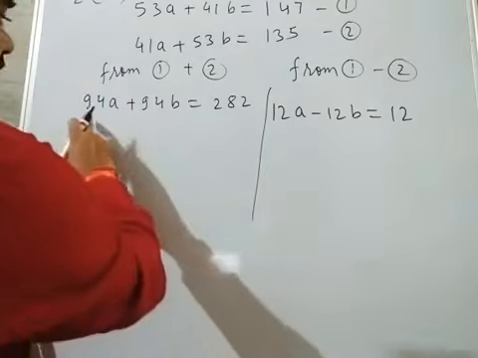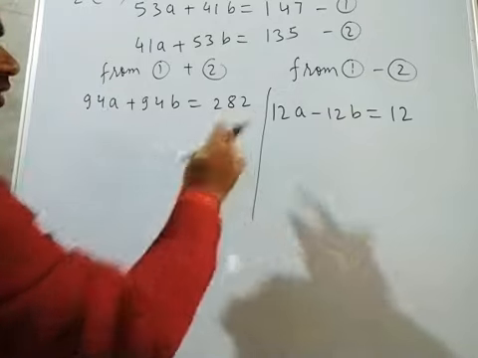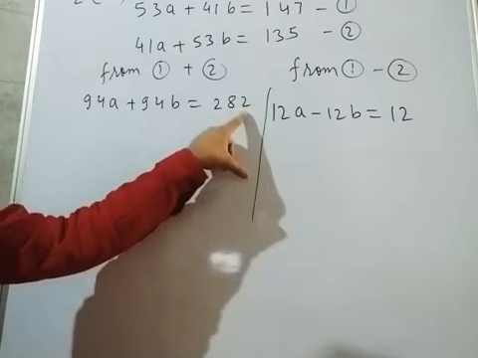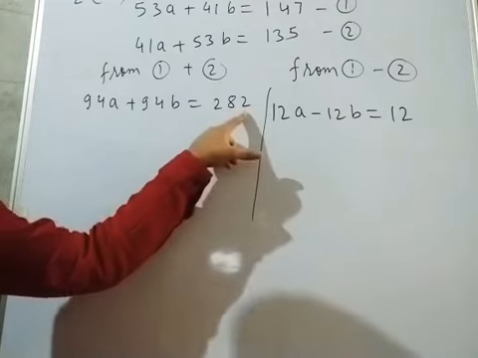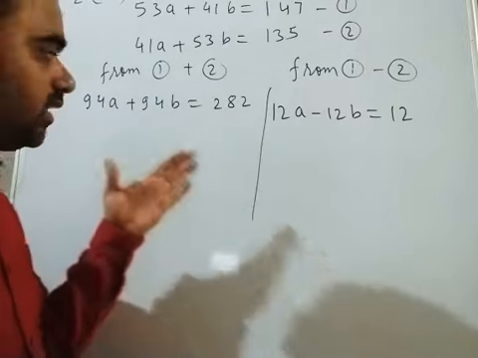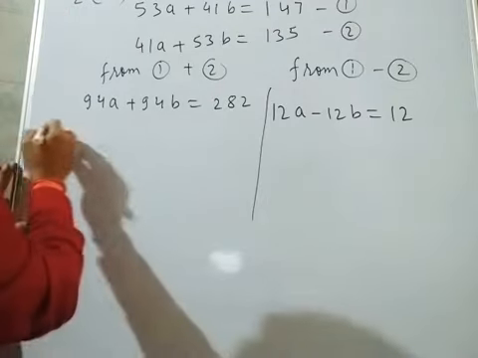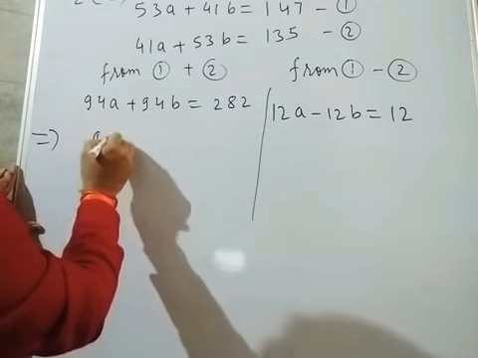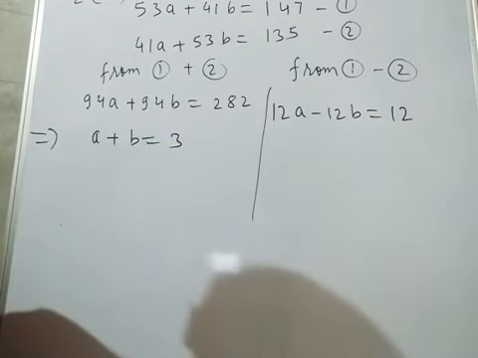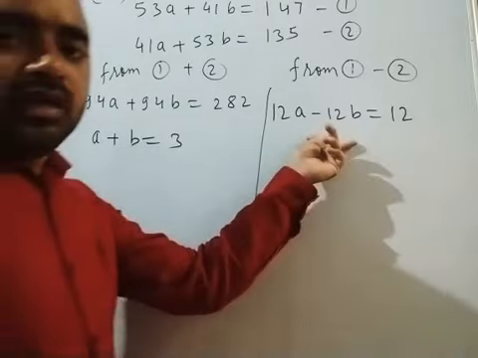Now here you can see 94 is common throughout. You can see this is 94 into 3. After that, here 94 is common. Divide throughout by 94. This will become a plus b is equal to 3. Correct? And here 12 is common throughout.